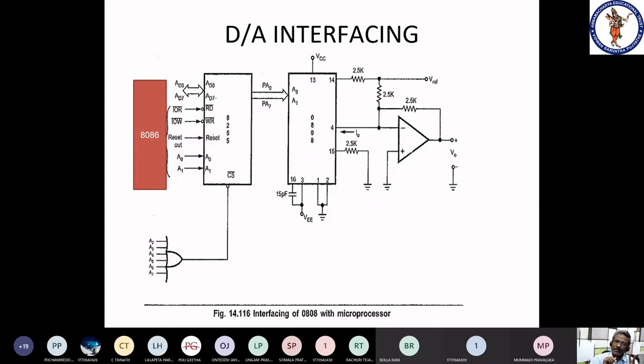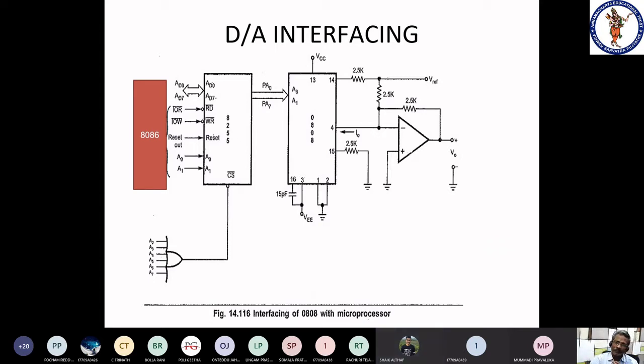There are 2 types of digital to analog converters. Can you tell me what different D2As you have studied? One is the weighted resistor type, another is the R2R ladder type.